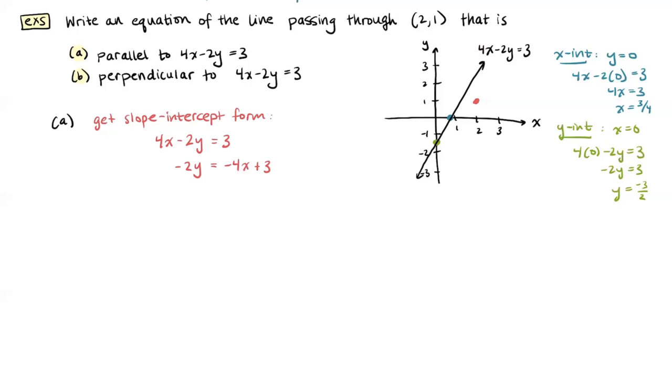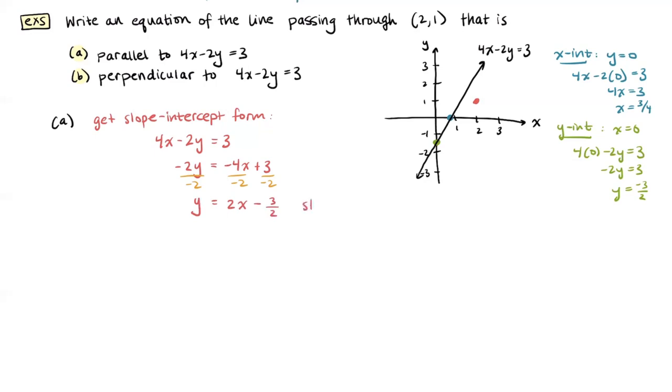Then we need to divide by negative 2 to get y alone. On the right side, make sure you divide everything by negative 2, so the negative 4x gets divided by negative 2, and so does the 3. So y equals negative 4 over negative 2, which is positive 2, so 2x minus 3/2.